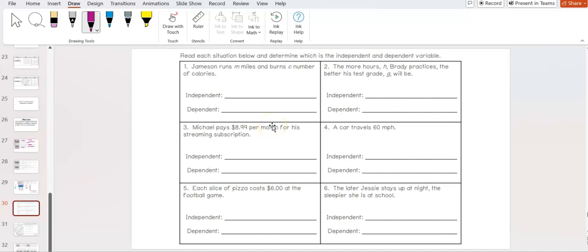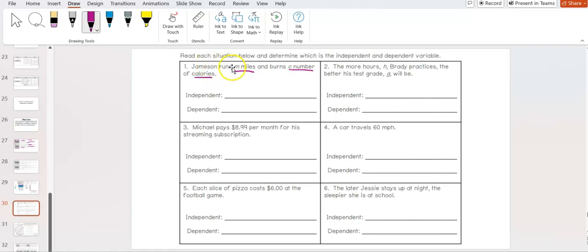Okay, so here we're going to just identify the 2 variables that they give us in these problems, and then we have to identify those variables as independent or dependent. So this first one: Jameson runs m miles and burns c number of calories. Those are our 2 variables. We've got miles and calories. We need to think in our head, which one depends on the other?